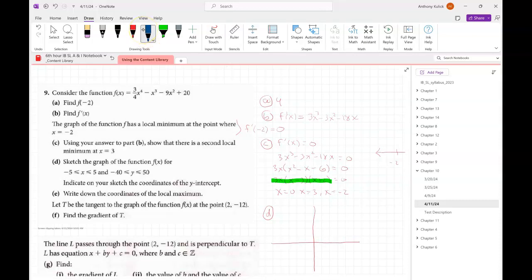All right, so 1, 2, 3, 4, 5, 1, 2, 3, 4, 5, 10, 20, 30, 40, 50, 10, 20, 30, 40.